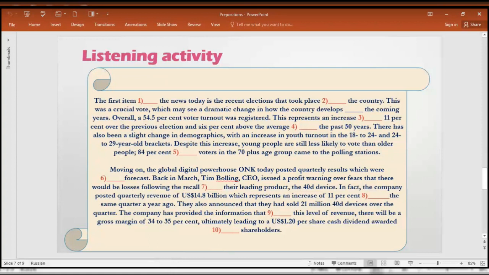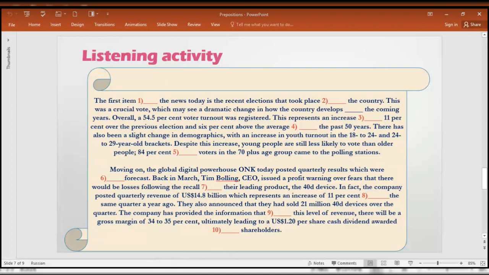Moving on. The global digital powerhouse ONK today posted quarterly results, which were above forecast. Back in March, Tim Bolling, CEO, issued a profit warning over fears that there would be losses following the recall of their leading product, the 40D device. In fact, the company posted quarterly revenue of $14.8 billion, which represents an increase of 11% from the same quarter a year ago.